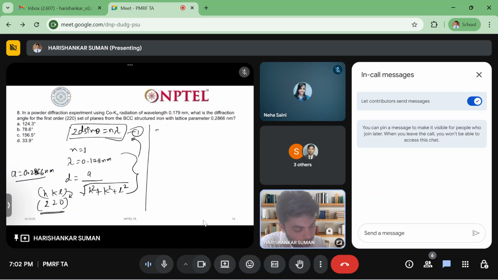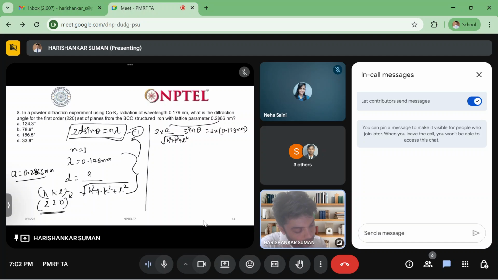So you can use the Bragg equation to design this. Theta, n equal to 1, and the wavelength will be in nanometer.